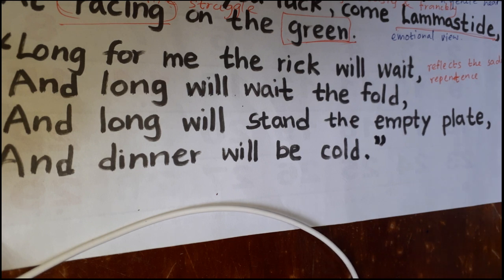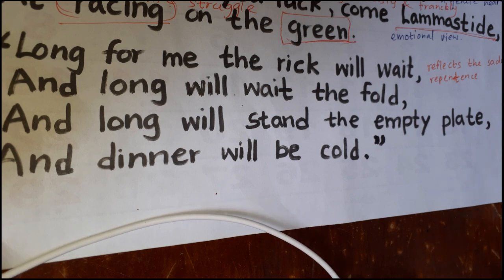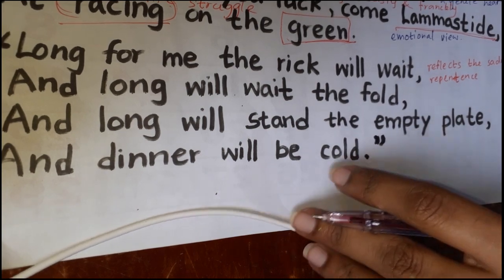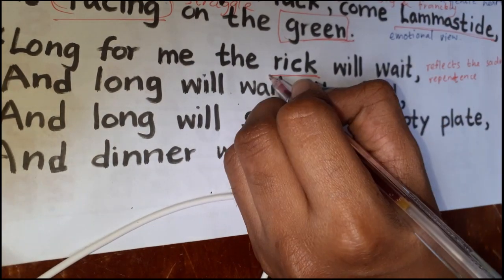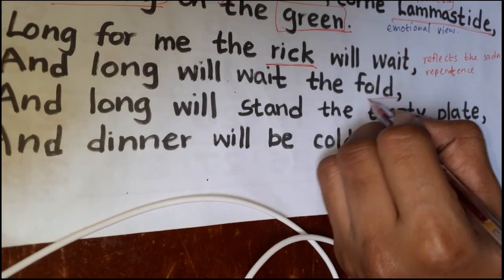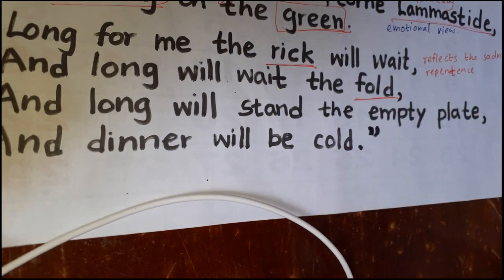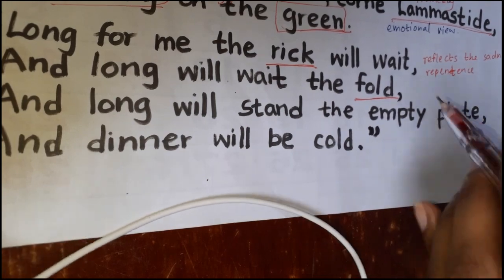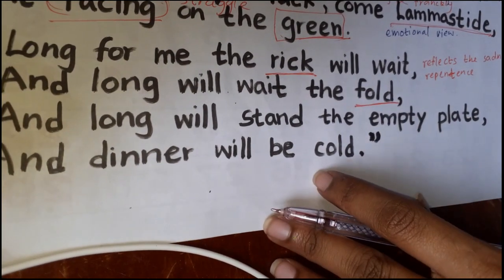And he reiterates how he is unable to forget the life he has spent on this farm. That's why he is talking about all these things: the rick, the paddy leaves, and folding the paddy, that means gathering the paddy. This ricking and folding are things done in farming, especially in agriculture.